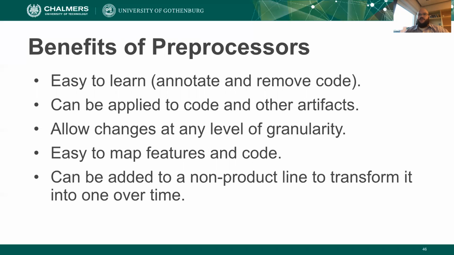You can apply these preprocessors uniformly to artifacts of different kinds too. There are cases where you can apply them to non-code or non-text artifacts as well. Right? So you can often use the same variability mechanism for your source code, your models, your documentation, and so on. That allows changes at arbitrary levels of granularity and not just confined by the mechanisms of your programming language.